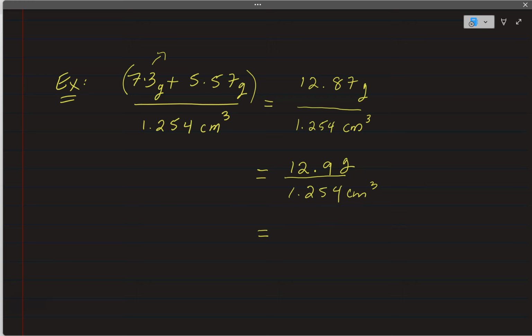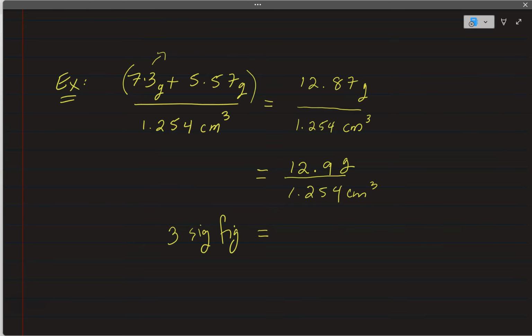Now that we have used the addition or subtraction rule for sig figs, we're going to use the division and multiplication rule. We're just going to go ahead and divide. And then once we divide, we're going to use the least number of sig figs, which is 12.9, which is 3. So our final answer will have 3 sig figs.